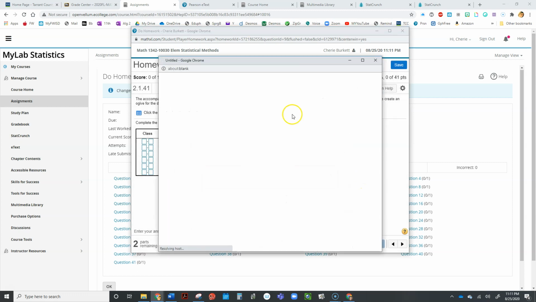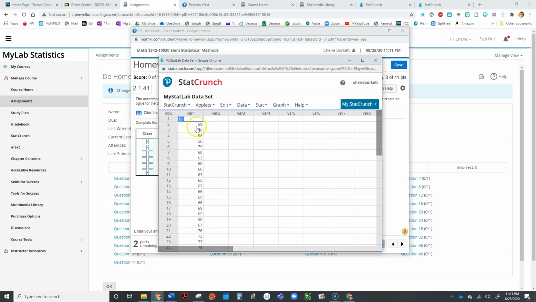And basically all that's going to do is save you from having to type those numbers in StatCrunch. Now, I think problem number 9 asks you something about an ogive, which is a type of graph. I think it graphs like your cumulative frequency. I'm pretty sure that's what it is. But see, it puts all of those numbers in here for you.